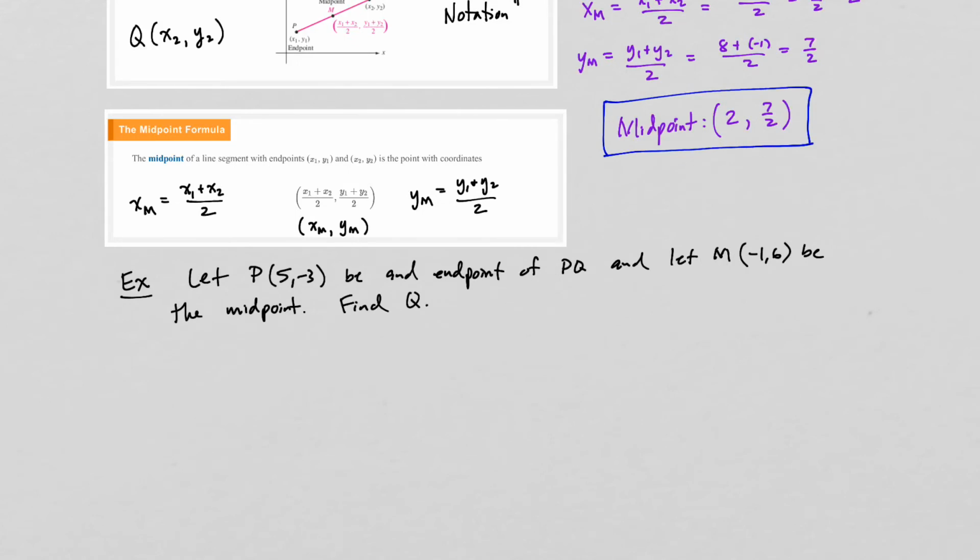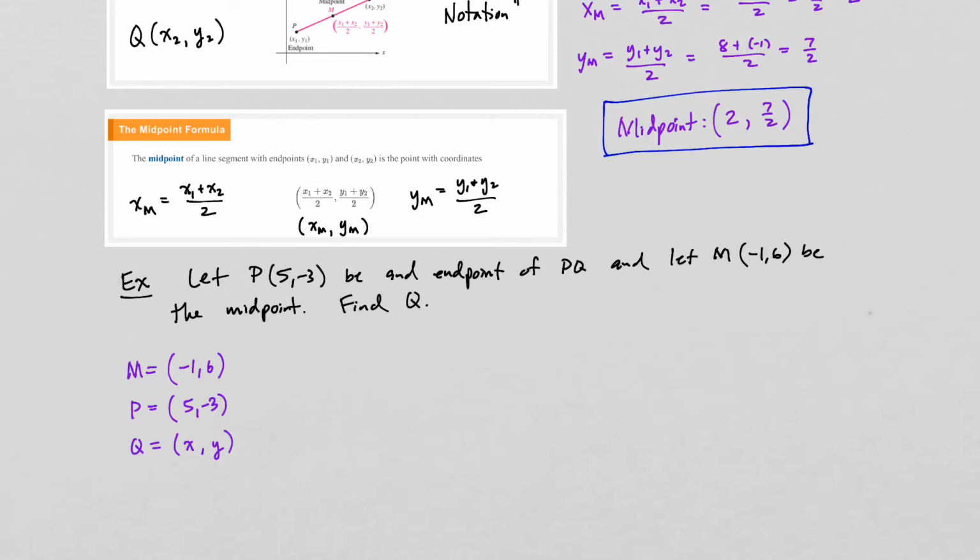Okay, so once again, what do we know in this problem? Well, we know that our midpoint, we'll call that M, has coordinates -1, 6. We know that P has coordinates 5, -3. We do not know the coordinates of Q. Now, you could just call the coordinates of Q x and y.